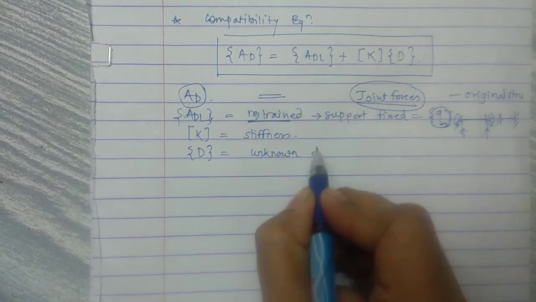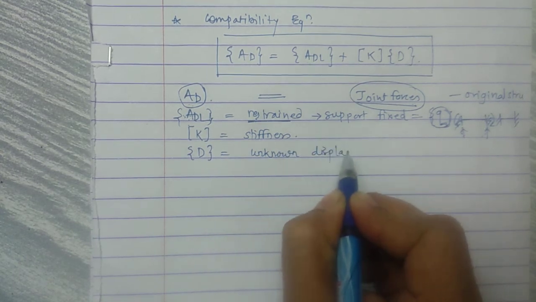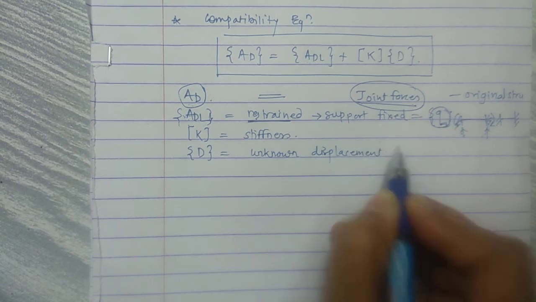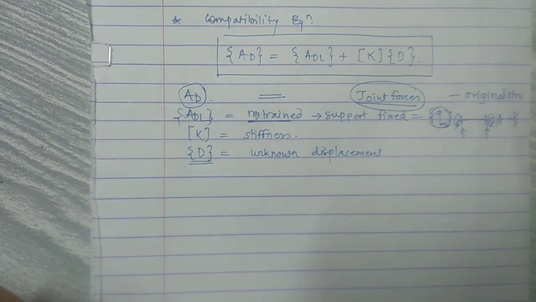Whatever unknown displacements, that is degrees of freedom, are there, that matrix is this D matrix. So here the compatibility equation has the AD matrix, ADL matrix, K matrix and D matrix.